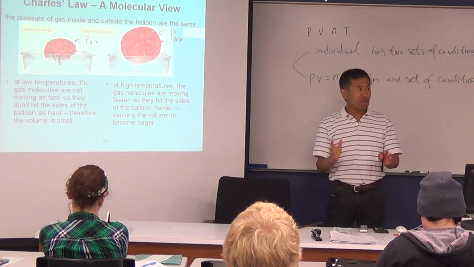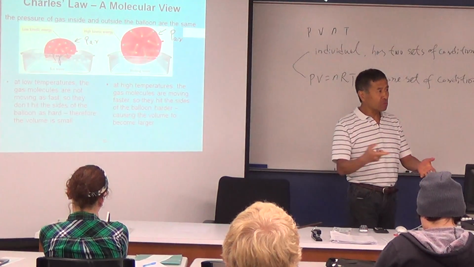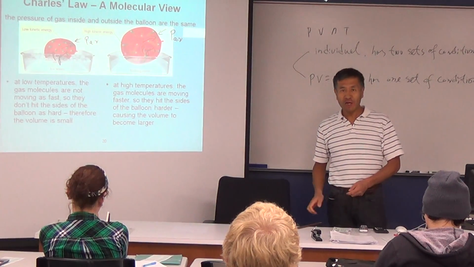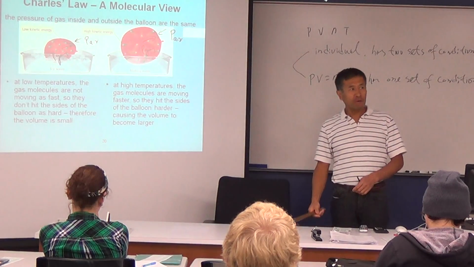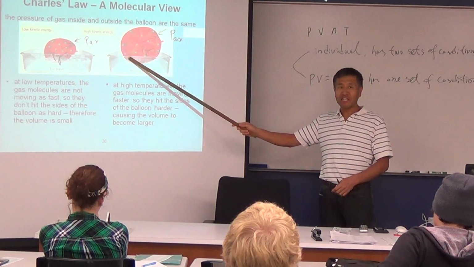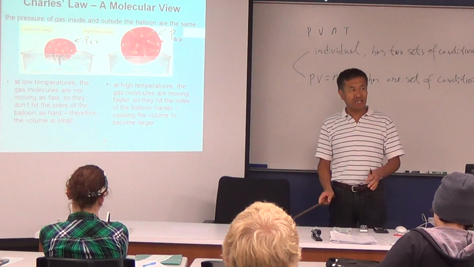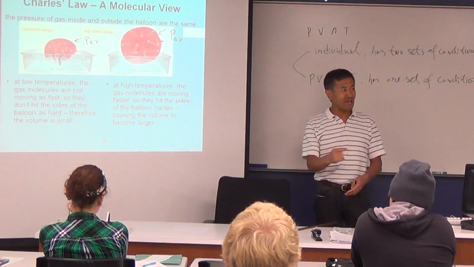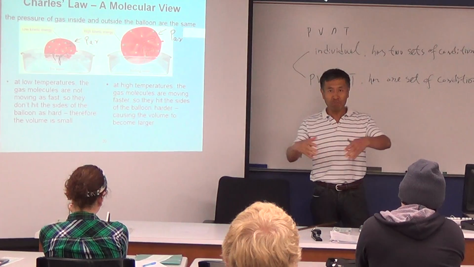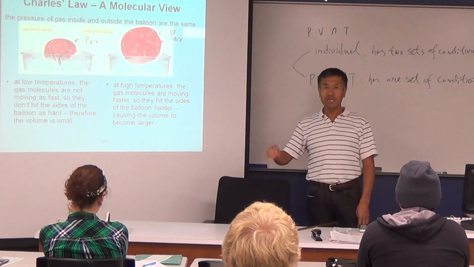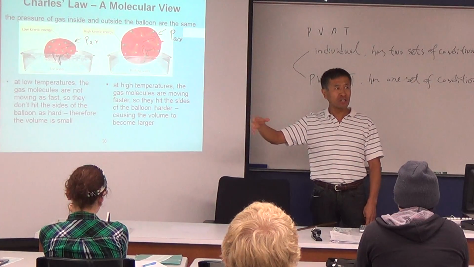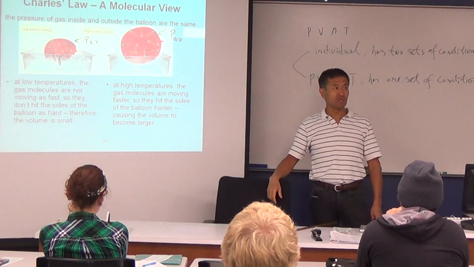The pressure depends on how much force each particle gives, and also on how many particles give force. So you have to dilute the gas at high temperature, to make sure there is less gas striking the surface. Even though there is more force from one gas particle, if you make the volume larger, the number of gas particles striking the surface gets less. So the total pressure is the same.